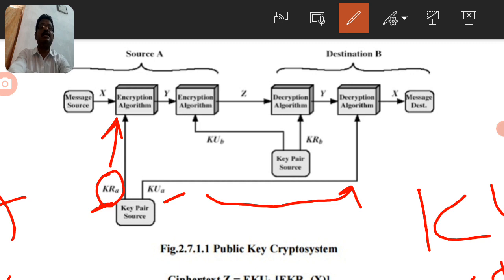Similarly, the destination B also generates a pair of keys.